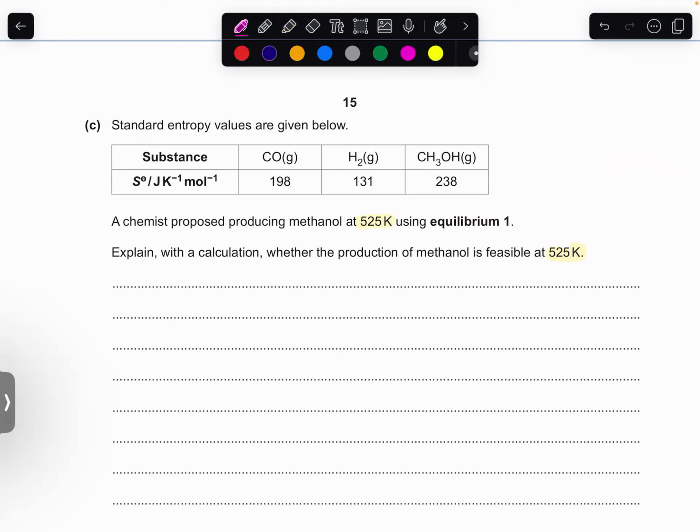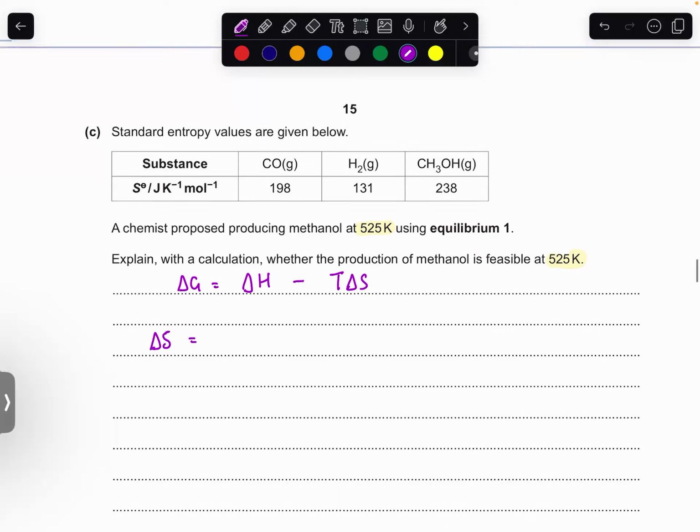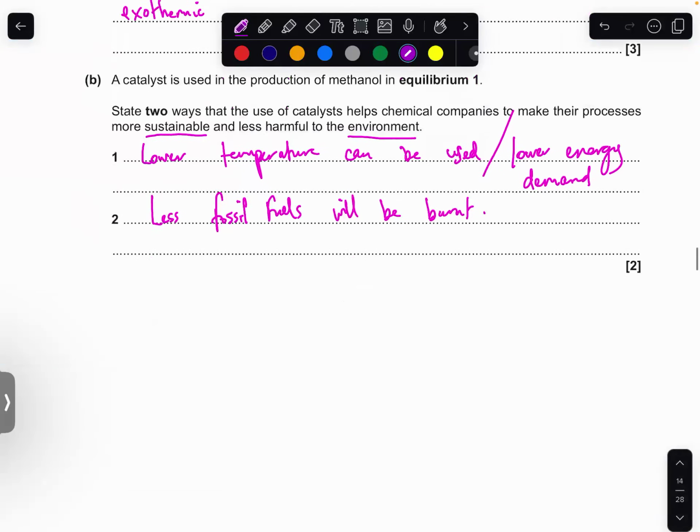So we're going to use that expression. Delta G is equal to delta H minus T delta S. Before we even do this, we need to work out the entropy change. And the entropy change we work out as products minus reactants.